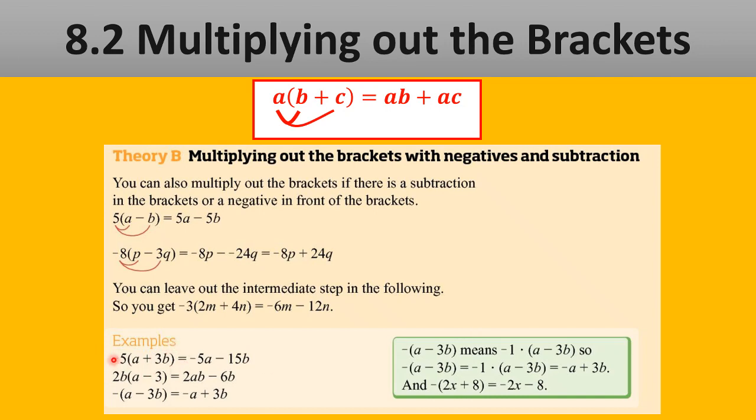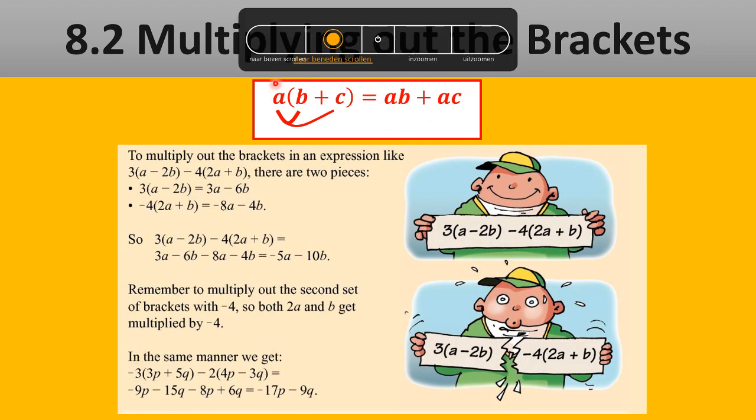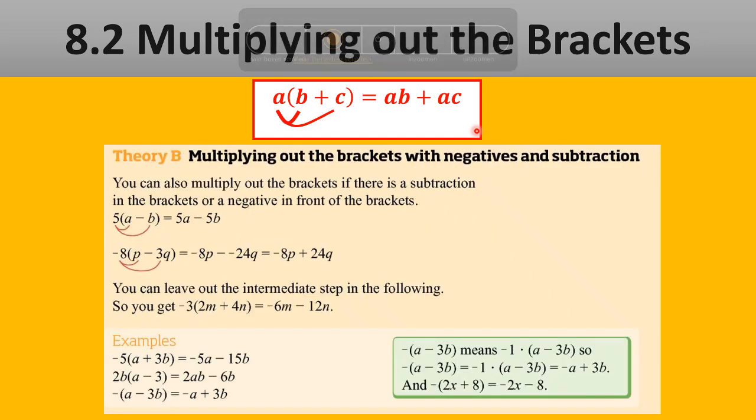So, for example, here, minus 5a. Remember, this rule still applies. Minus 5 times 3b gives me minus 15b. 2ab minus 6ab. Here, if you only have a minus in front, the book indicates this in this green box here. That means that there is a minus 1 in front and a multiplication dot.